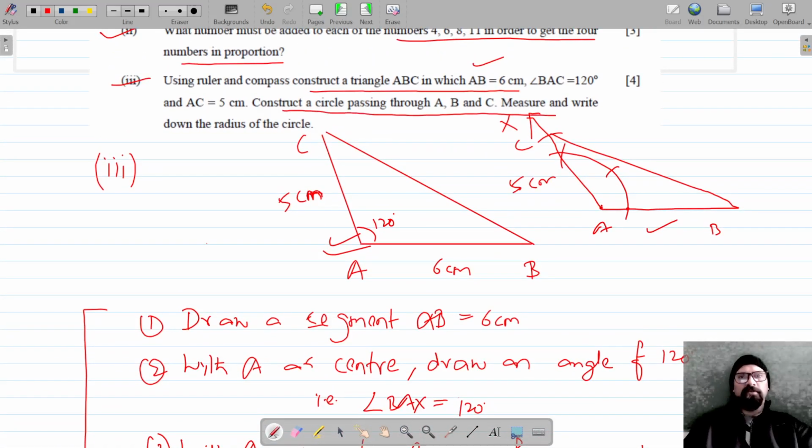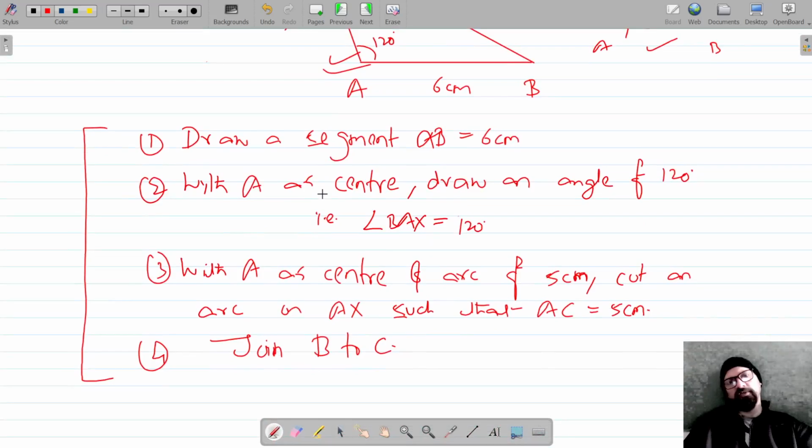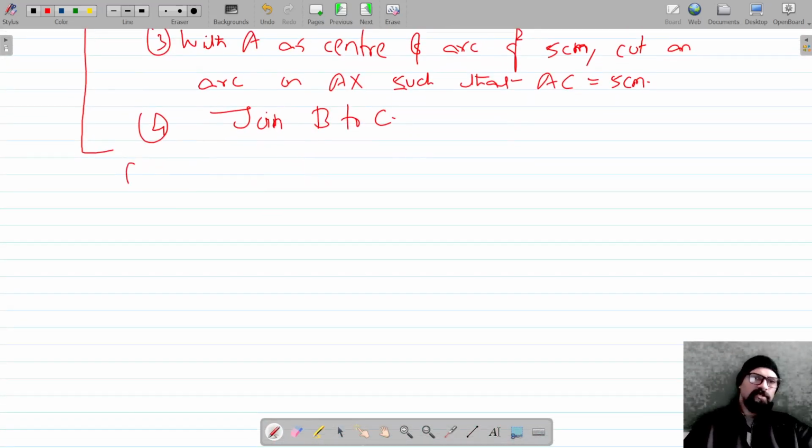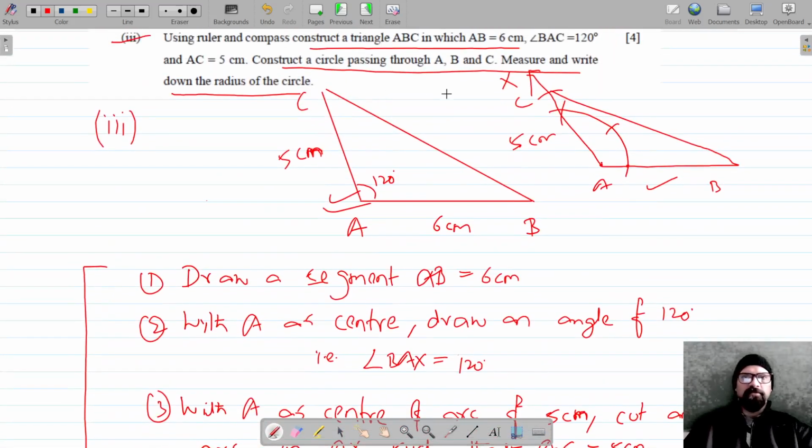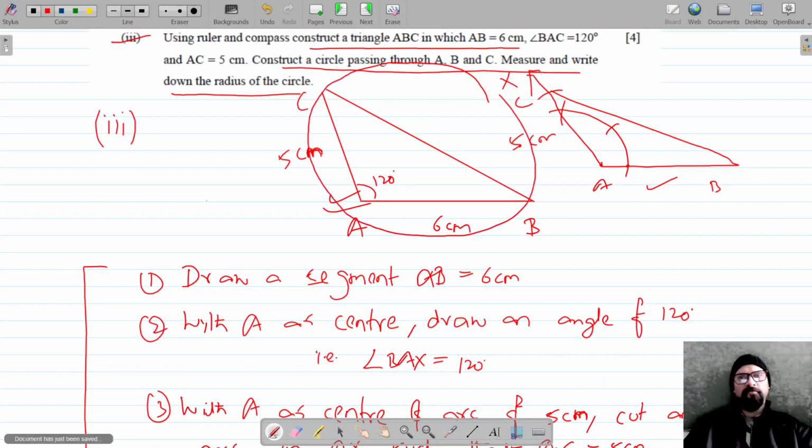Now we have to construct a circle passing through A, B, C and measure and write down the radius of the circle. That is, we have to construct the circumcircle of the triangle, a circle passing through A, B, and C. For that, we can draw the perpendicular bisectors.